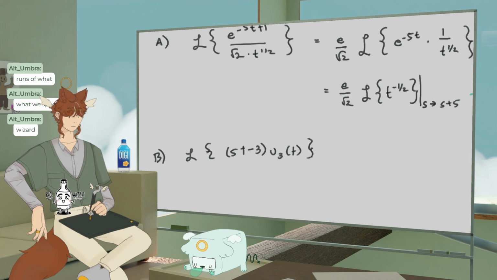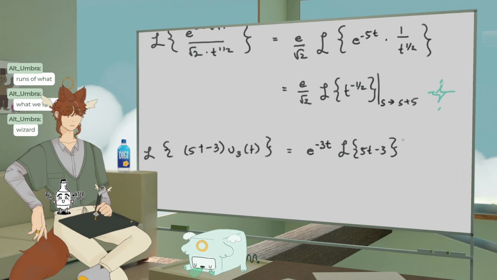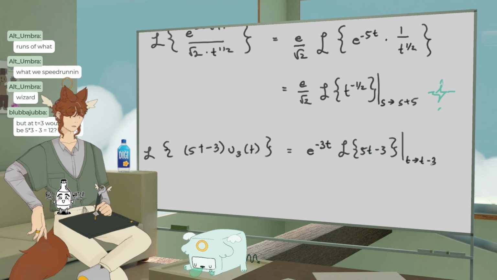So if we want to get the Laplace of this, the Laplace of u3(t) is e to the negative 3s times the Laplace of 5t minus 3, and we need to change t to t minus 3.